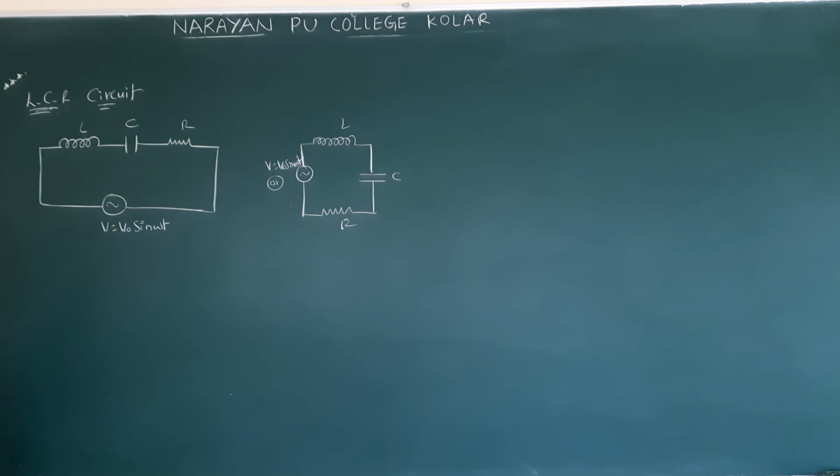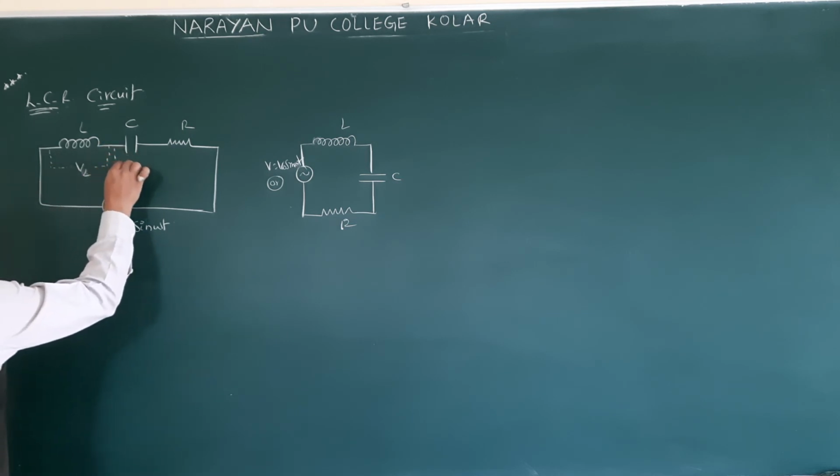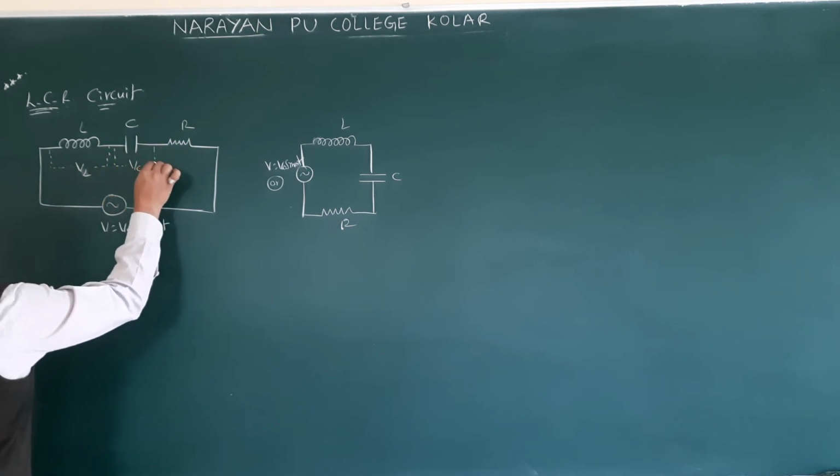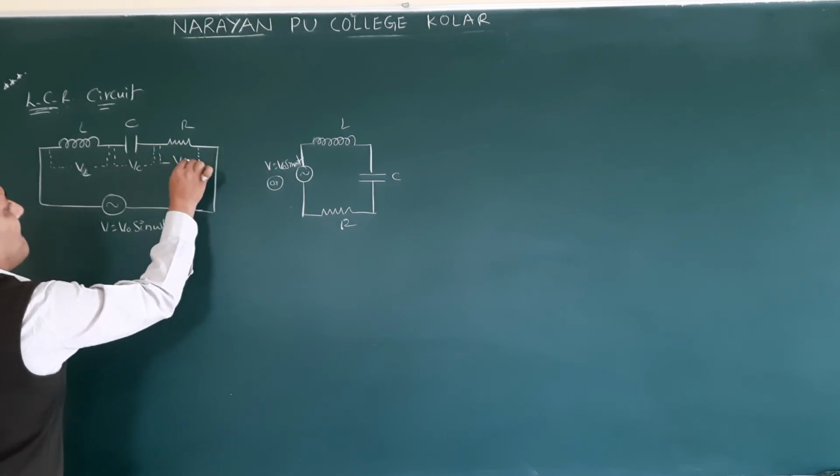Now all these three are connected in series. Whenever all three are connected in series, what will be the same? We will say current will be the same, isn't it? Now the voltage across the inductor is VL. The voltage across the capacitor is VC.